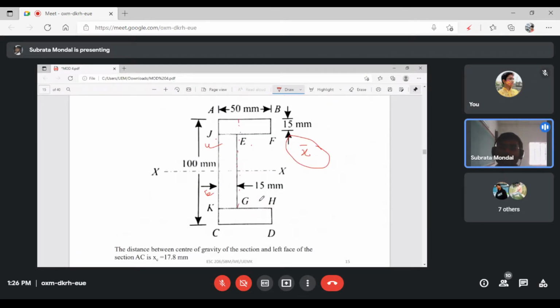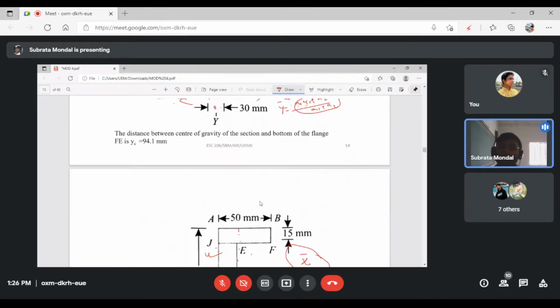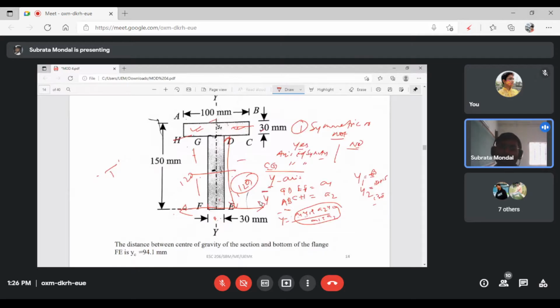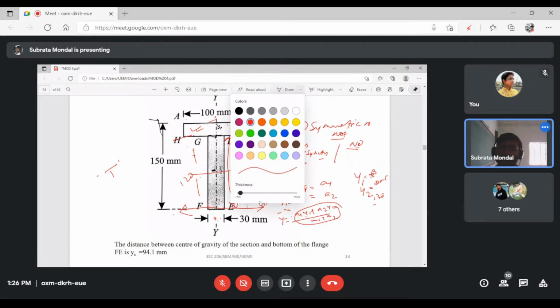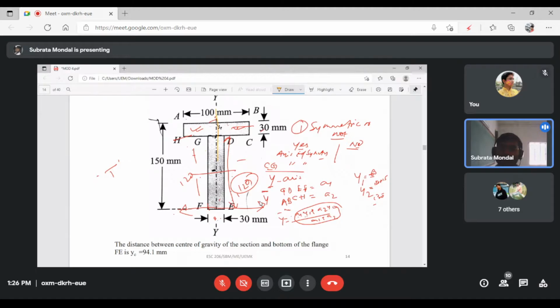Okay, next this problem. Similar fashion we are considering here. See, in the previous one, our reference axis will be this and this. This is x, this is y, right?